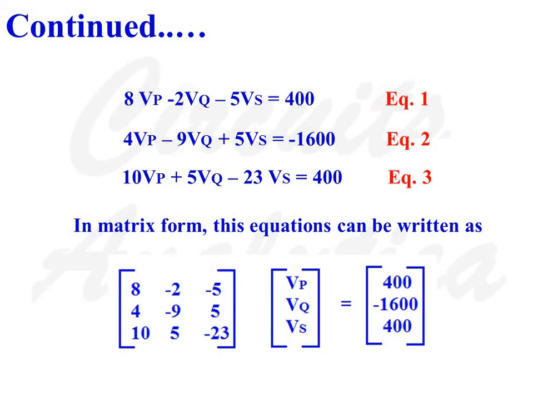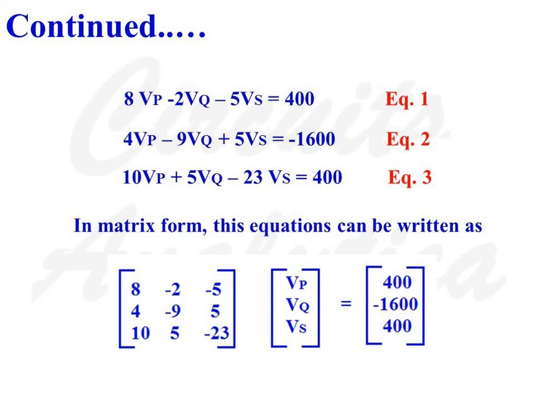So we have 3 equations. 8Vp minus 2Vq minus 5Vs is equal to 400, equation number 1. 4Vp minus 9Vq plus 5Vs is equal to minus 1600, equation number 2. 10Vp plus 5Vq minus 23Vs is equal to 400, equation number 3.